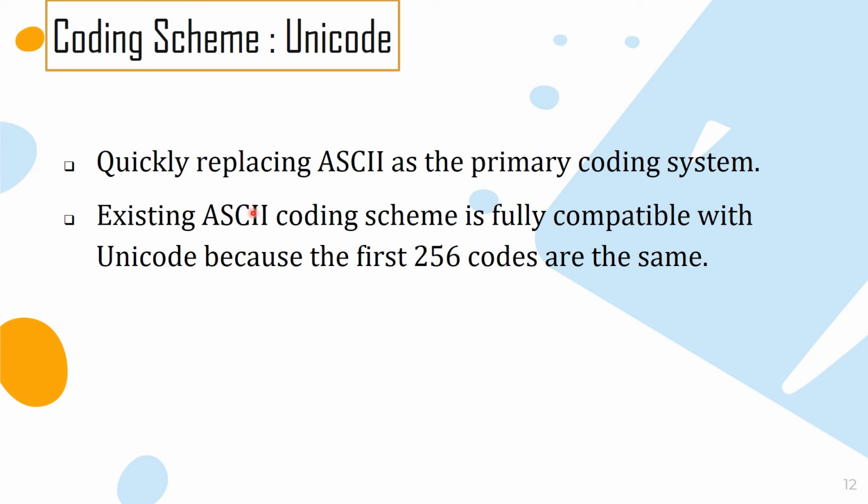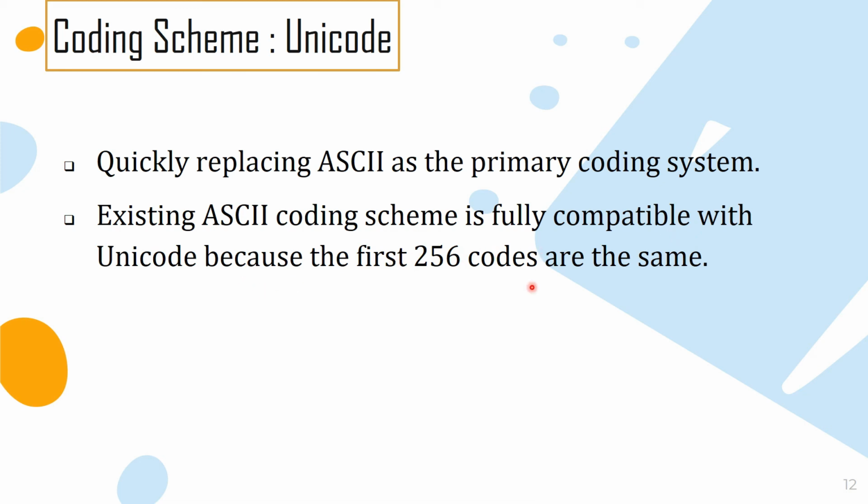Because of the use of 16 bits, Unicode quickly replacing ASCII as the primary coding system. But it doesn't create any problem because existing ASCII coding scheme is fully compatible with Unicode.